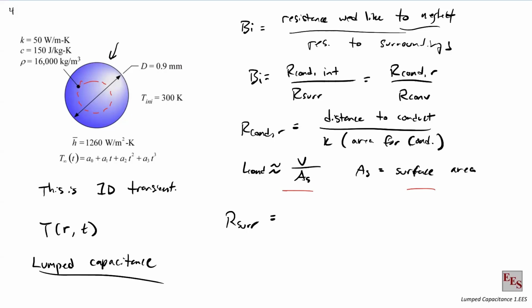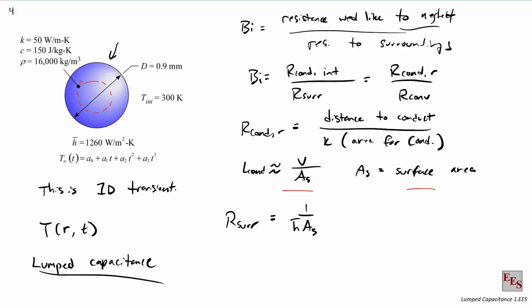For resistance to the surroundings, it would just be 1 over h bar times A_S, right? That's the resistance to the surroundings. If you had radiation in the problem, you can come in and evaluate radiation. If that resistance ends up being higher, then that's not important. It's sort of ignored, and you would want to just use the convection.